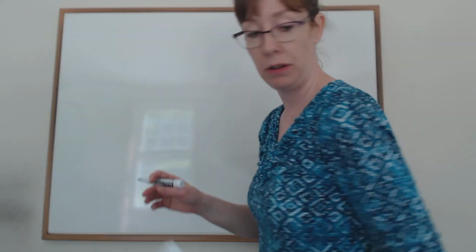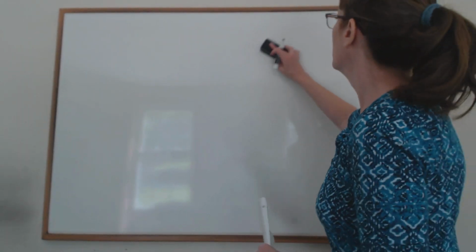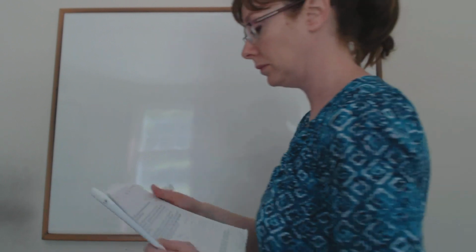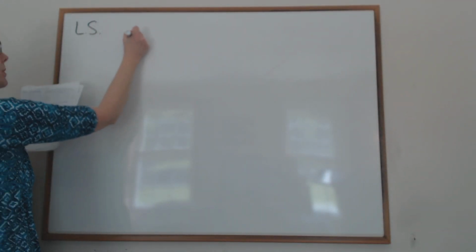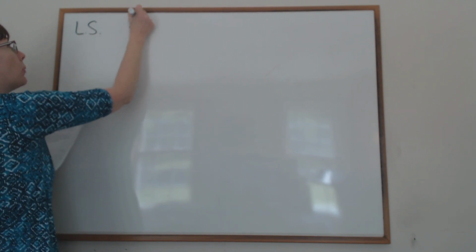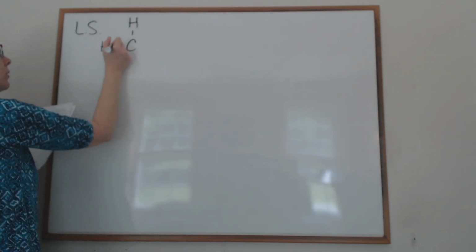Let's go back to one more example of these larger molecules. Let's try this molecule here. So here's the Lewis structure. Once again, it would have to be given. I wouldn't expect you to come up with this on your own.